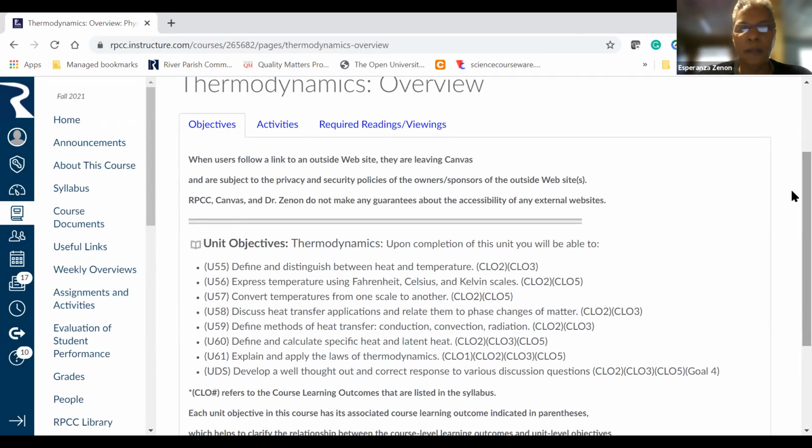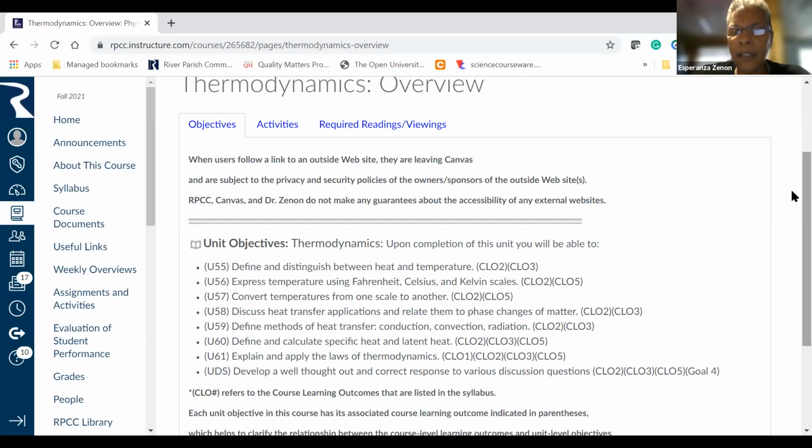So you see here listed the objectives for the week. So when you finish with this material, you should have a better understanding of heat and temperature, and the scales that we use for temperature.